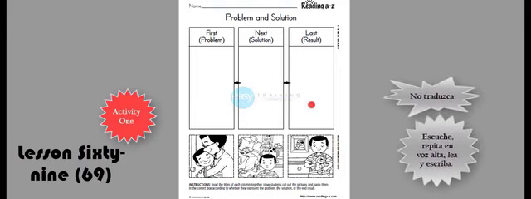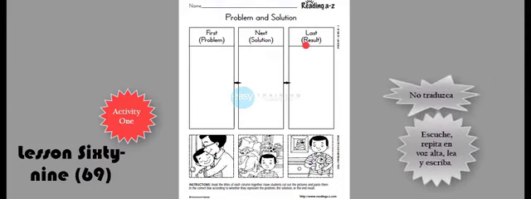Below the chart, there are 3 pictures. These pictures represent the problem, the solution, and the result. Ustedes y yo debemos aparear, debemos relacionar estos pictures con the problem, the solution, and the result.